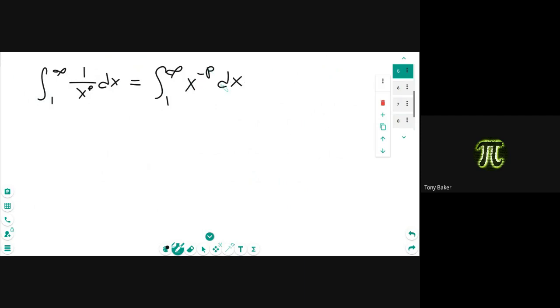Okay, how would I do the integral for that? What's the integral for power rules? You add 1 and divide by it, right? So this goes to x to the -p plus 1, over -p plus 1, from 1 to infinity.